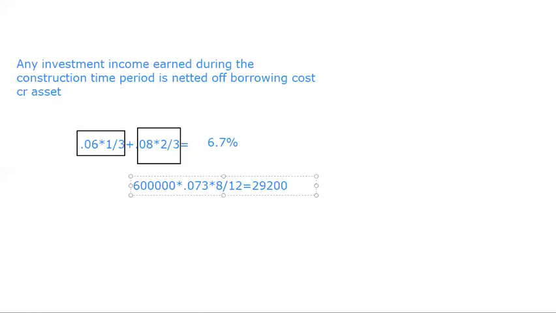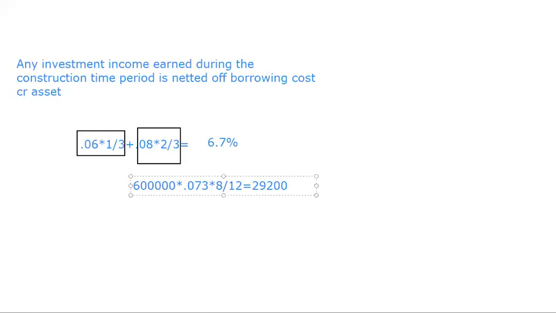What are the total borrowing costs to be capitalized in respect of the warehouse? Gilbert took a 7.5 million 10% loan on 1st January X6 to build a new warehouse during the year. Construction of the warehouse began on 1st February and was completed on 30th November.